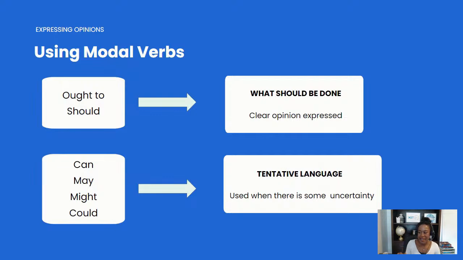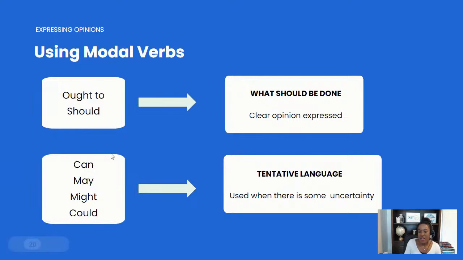So just taking a closer look at modal verbs when expressing opinions. Here are some examples of modal verbs. We had should in the previous example. Ought to could have also been used, and this is when the writer's expressing a clear opinion.